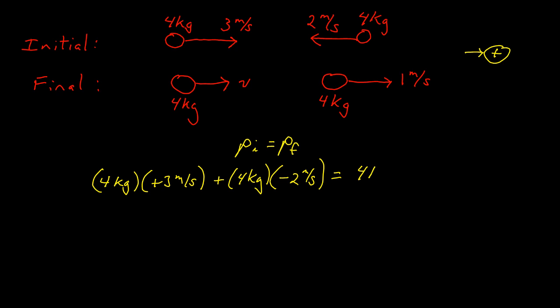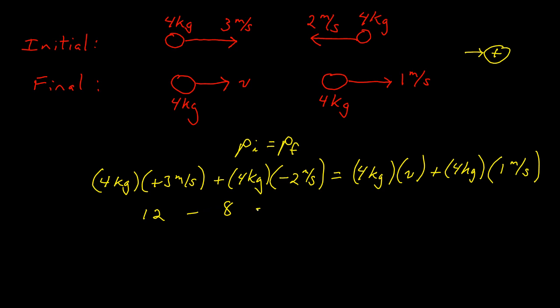And for my final, I have 4 kilograms times v, and I also have 4 kilograms times 1 meter per second, and that's positive because it's now pointing to the right. All right. Notice that everything has the same units. So in my next step, I'm going to just leave them off for simplicity while I'm doing the math.